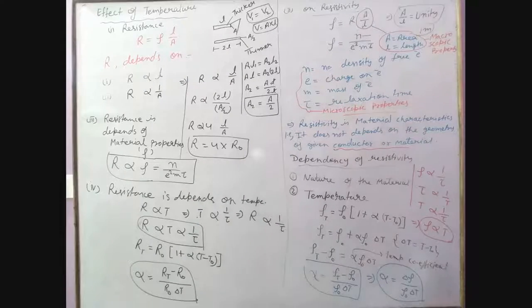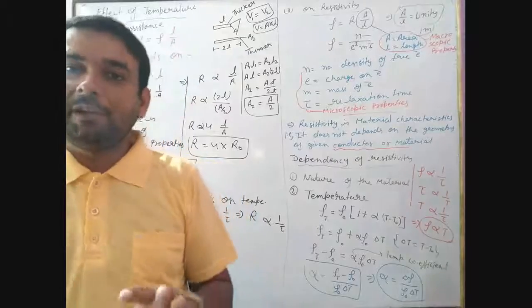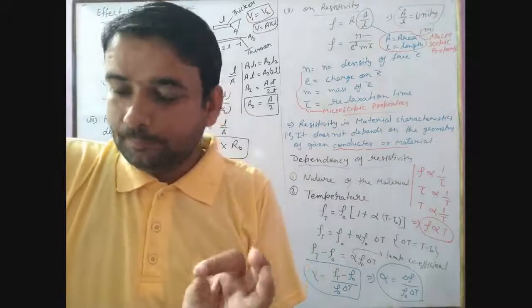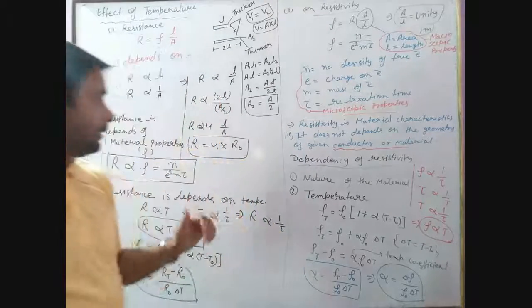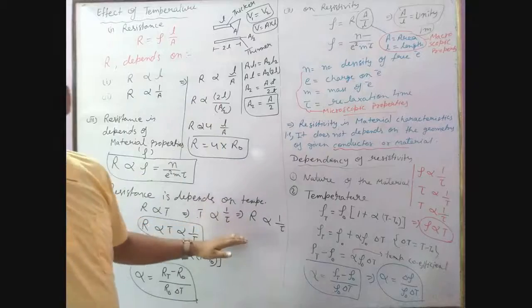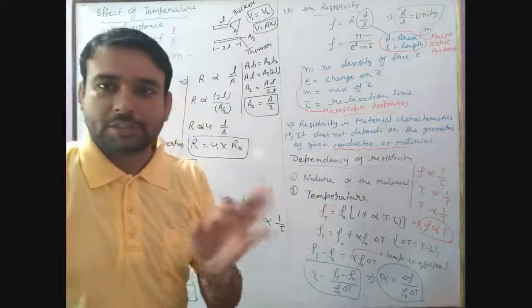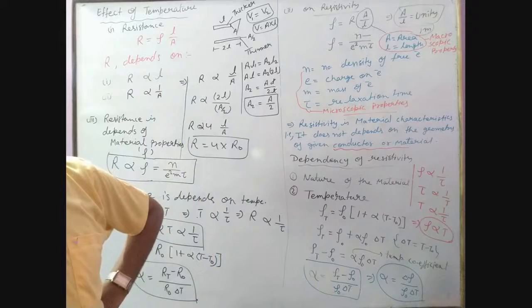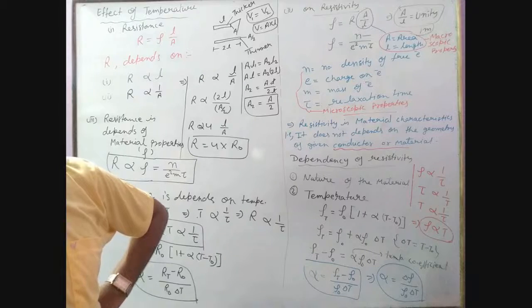Okay, dependency of the different materials on the temperature. First, the metal: as the temperature increases, the resistivity or resistance of metal or conductor increases. Just write down: on increase in temperature, the resistance of conductor increases.